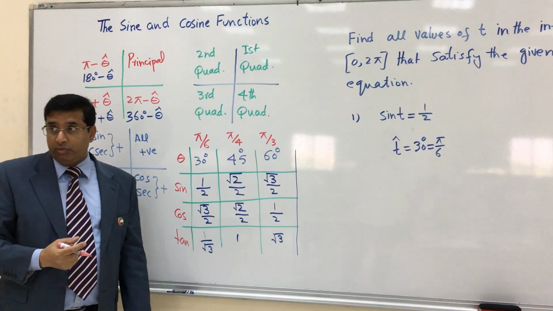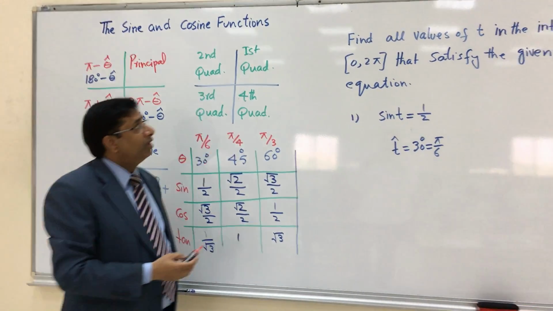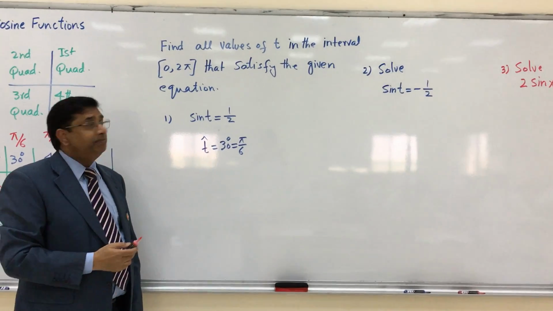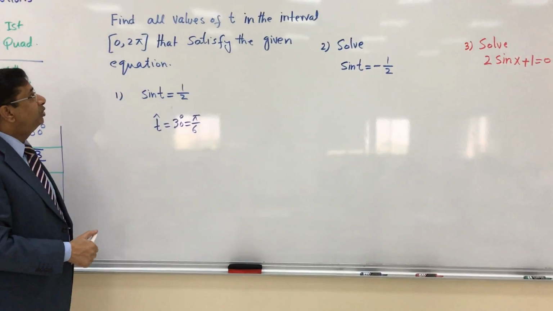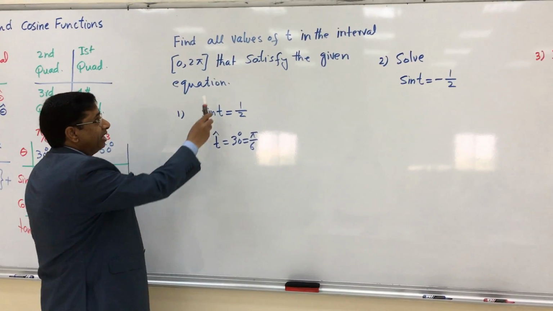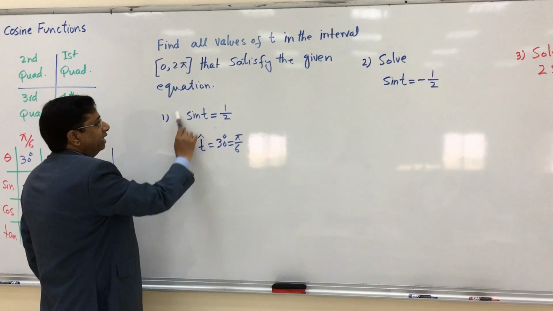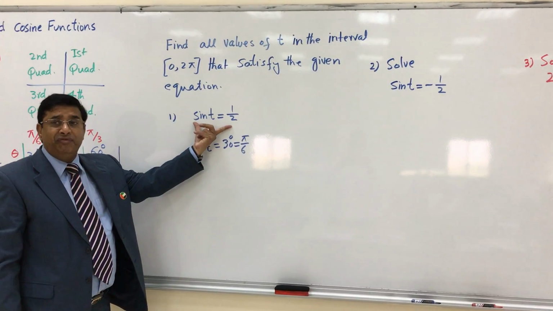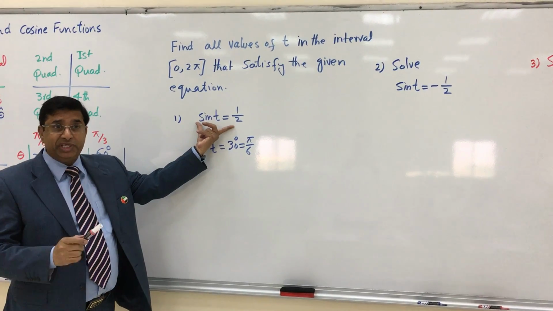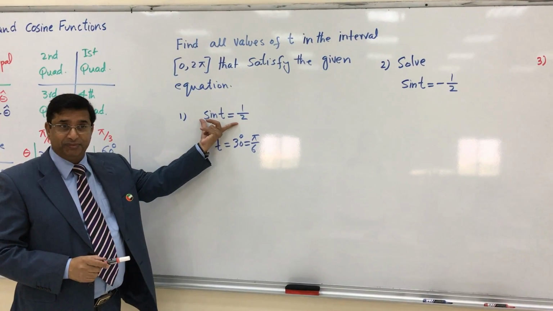Now let's solve a question. In this question you see, find all values of t in the interval 0 to 2 pi that satisfy the given equation. The equation given is sin t equals half. We are looking for all those values which can make this equation true.